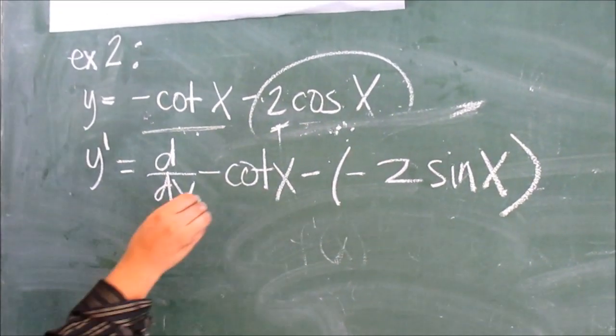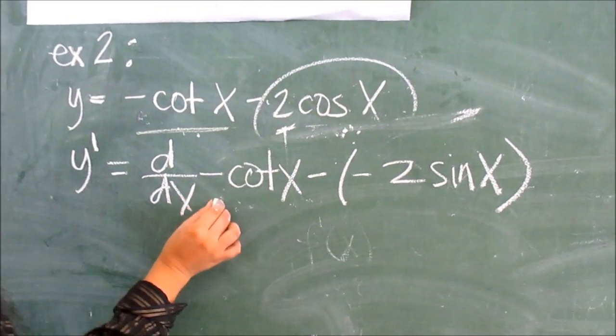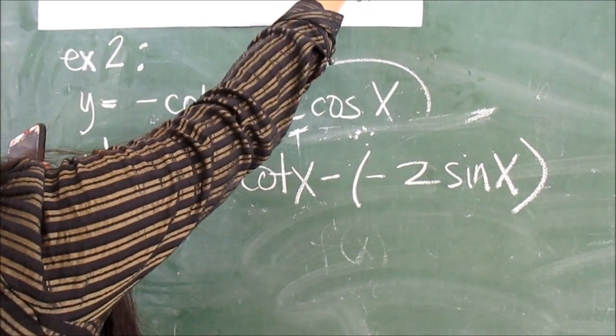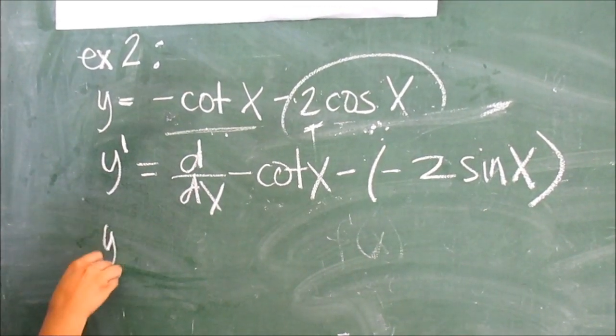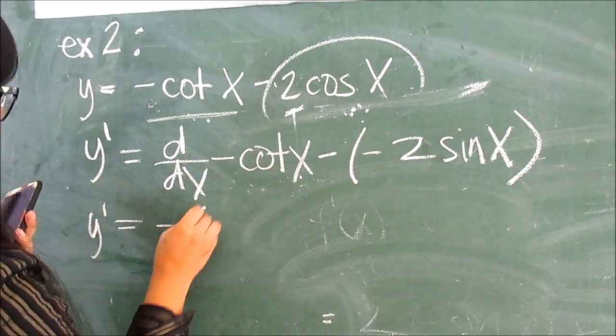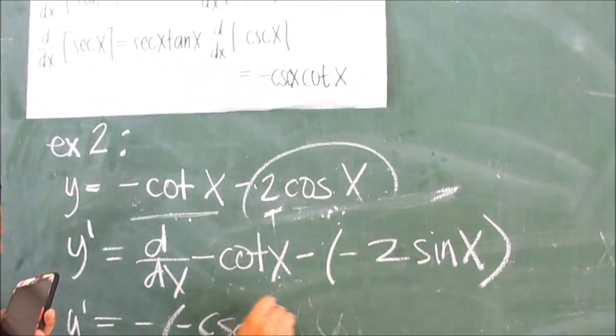Sunod, hahanapin natin ang derivative ng negative cotangent. So, ang derivative ng negative cotangent is equals to negative cosecant squared x. So, we have y prime is equals to negative, the derivative of cotangent x is equals to negative cosecant squared x.